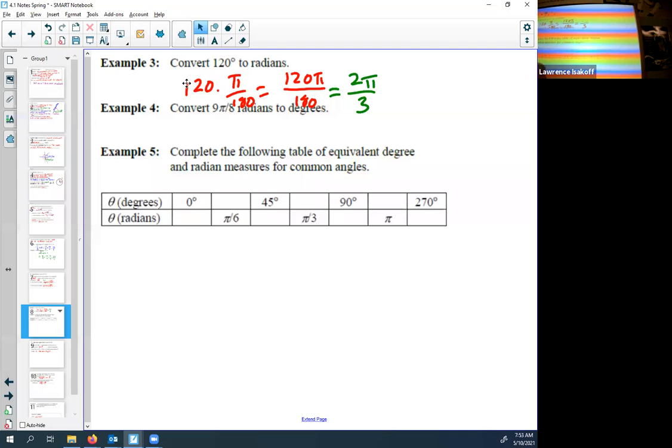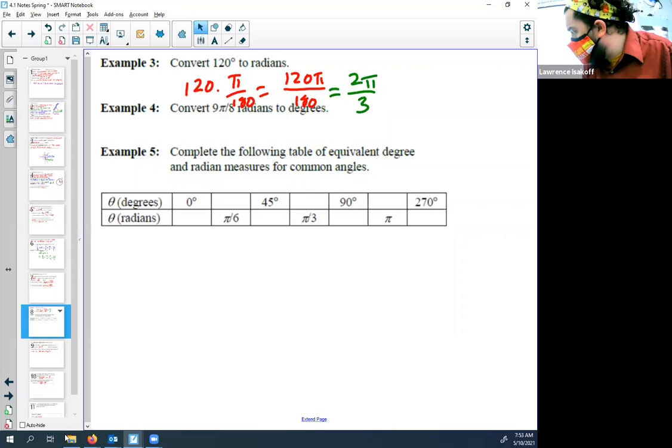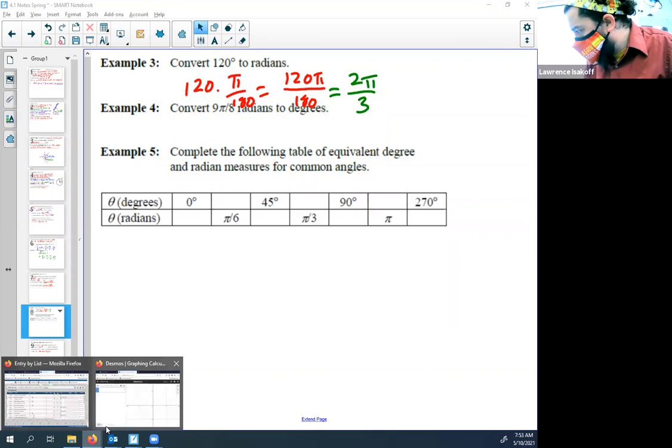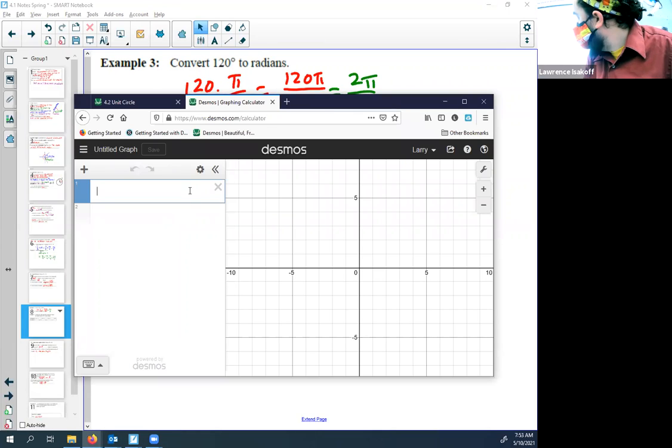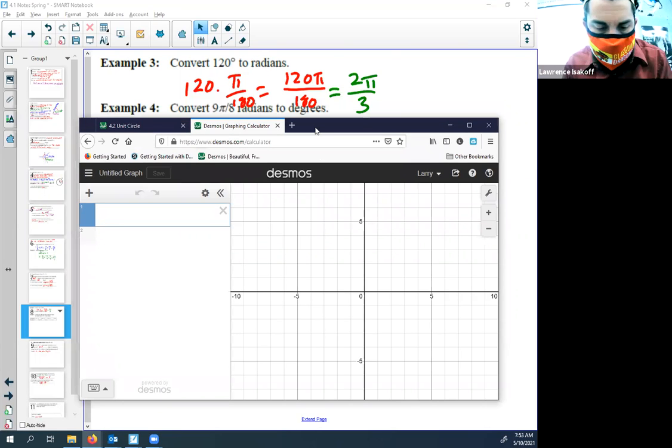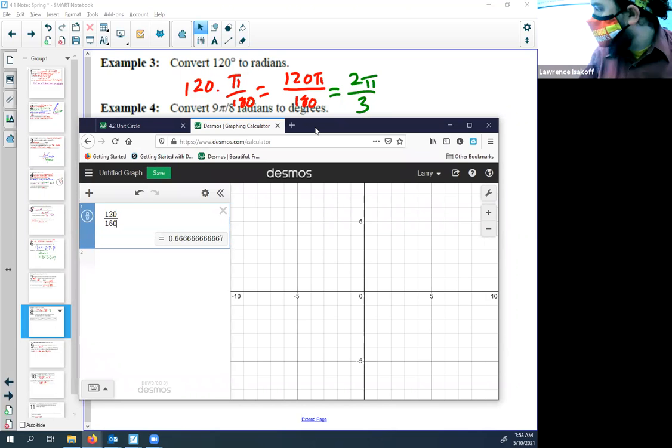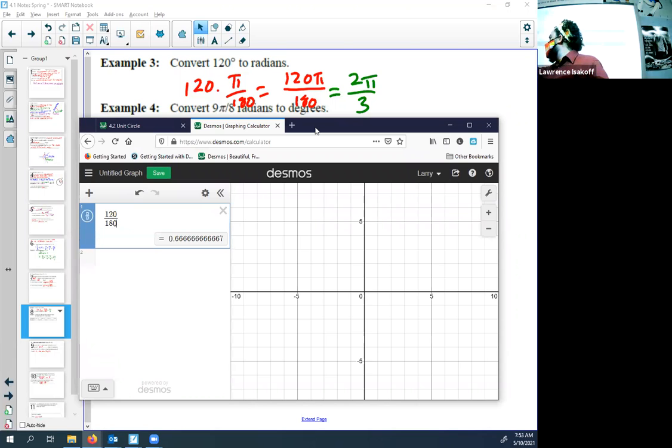So this is just 2 pi over 3. Now, if you're having trouble reducing fractions, Desmos can be our friend here. I don't want to put the pi in it, I'm just going to put the whole numbers. So I did 120 divided by 180.